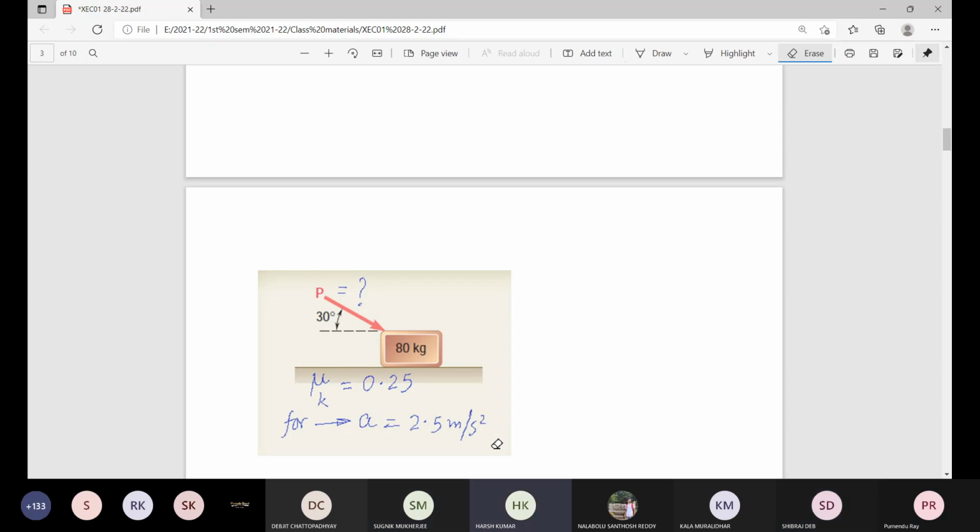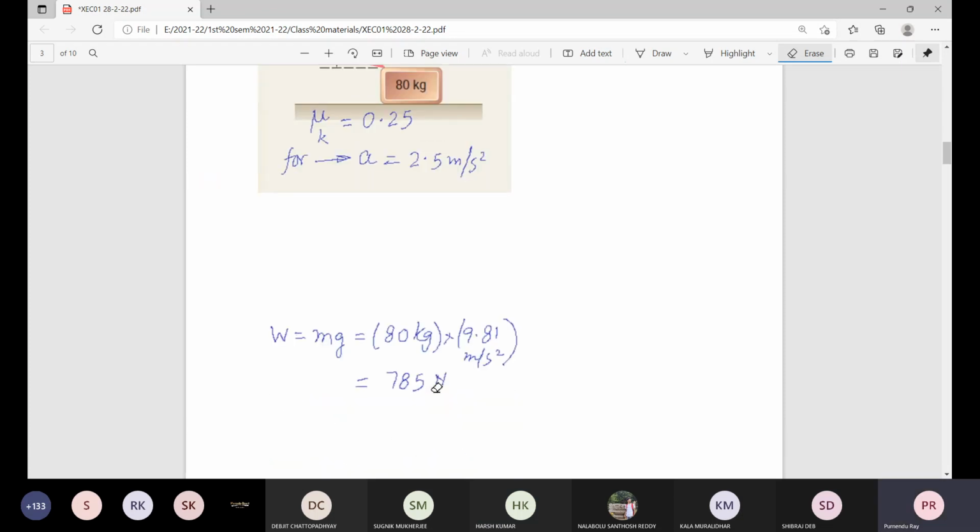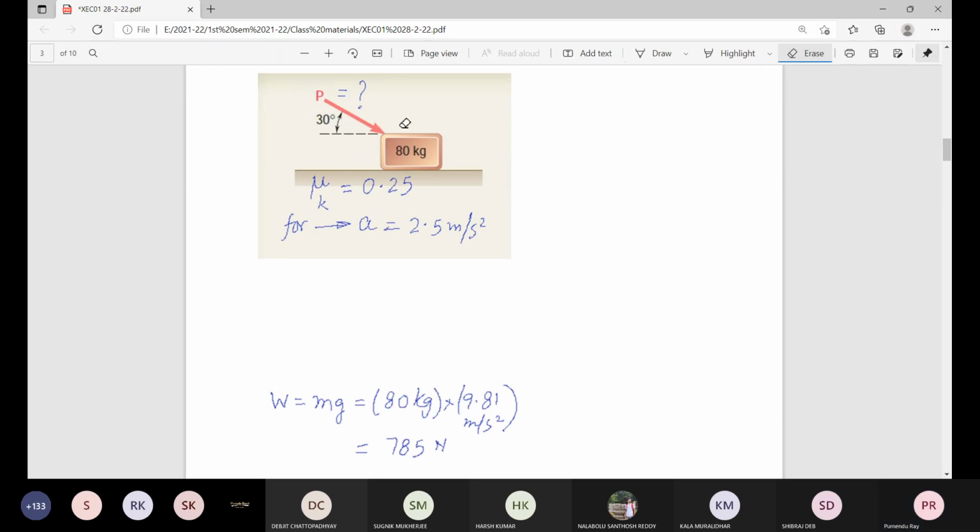First, a free body diagram will be drawn of the object. Yes, free body diagram. So in this way, we draw this: the weight, self weight 80 kg multiplied by the usual standard value 9.81 meter per second square for small g, that is 785 Newton. But I would prefer that you never consider this g value as 10 meter per second square.